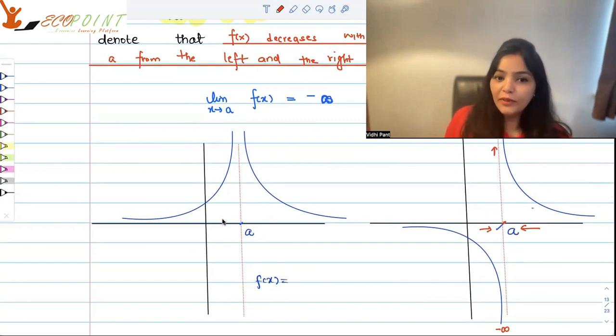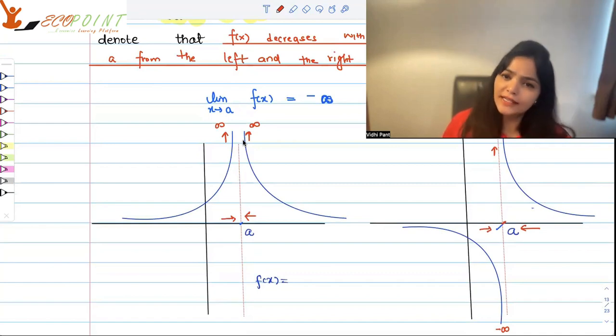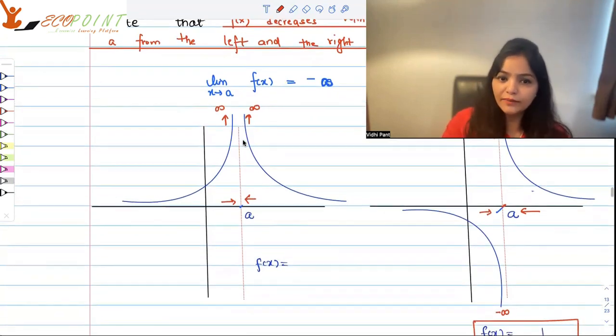This time, whether I look from the left or I look from the right of a, under both the scenarios, you can see that y is just increasing and going to plus infinity. You're not reaching minus infinity. It's not decreasing. It's just increasing unboundedly.